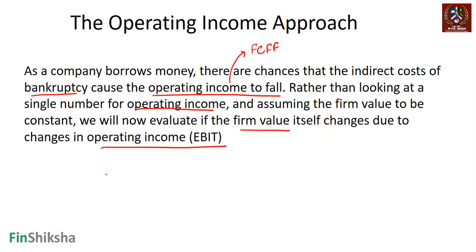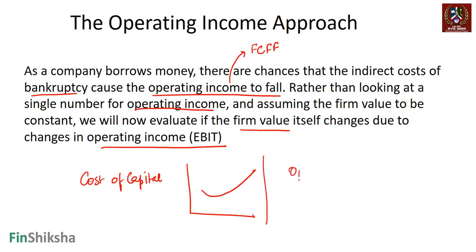So there are two things happening here. One is your cost of capital is changing, and we've seen that the change will be something like this for cost of capital. The second thing that we are going to look at is that the operating income will also change.